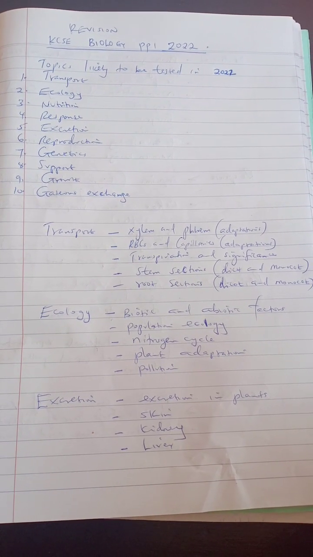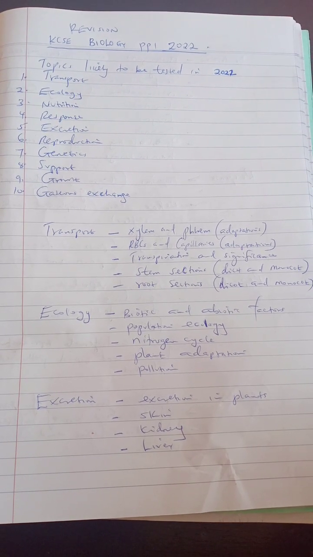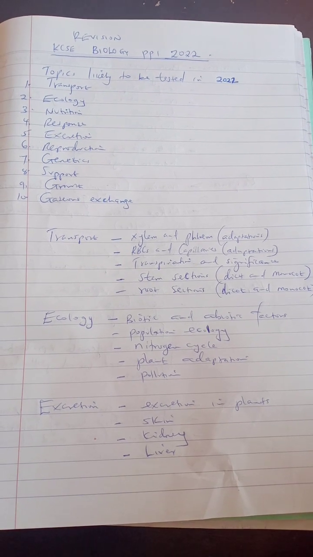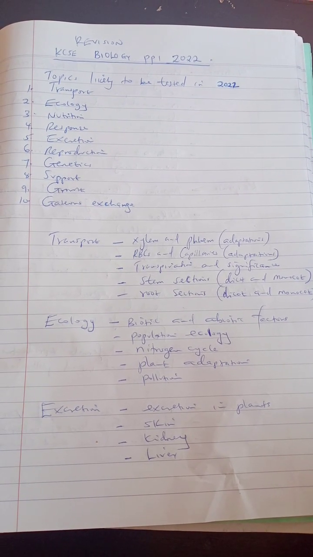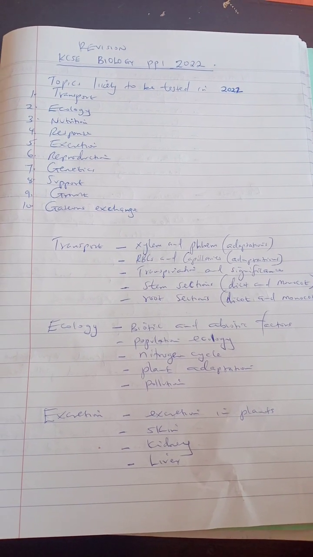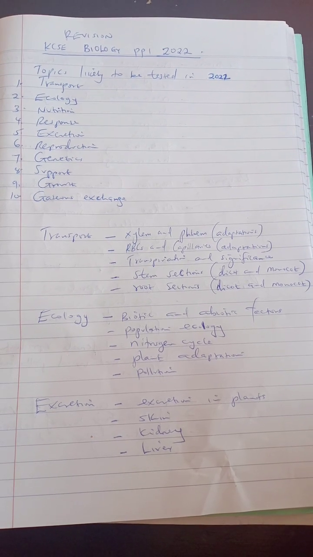So basically bacterial diseases, protozoan diseases, if it is malaria, all those species of Plasmodium, you have to remember them. If it is schistosomiasis, or what we call bilharzia, remember the causative agents. If you are able to do that, then you'll be okay in this topic.